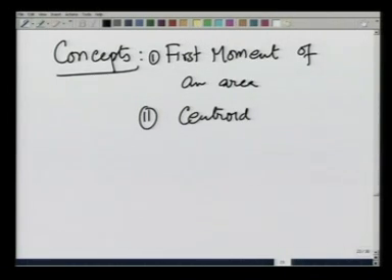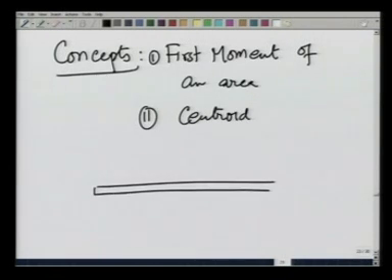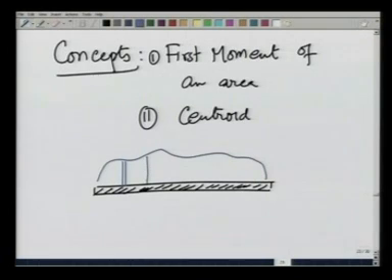So, the question we ask is, suppose I have a beam on which I do not apply force at a certain given point, but the force on it is distributed. So, there is some force per unit length. Let me show this by a graph. There is a force acting at each point.